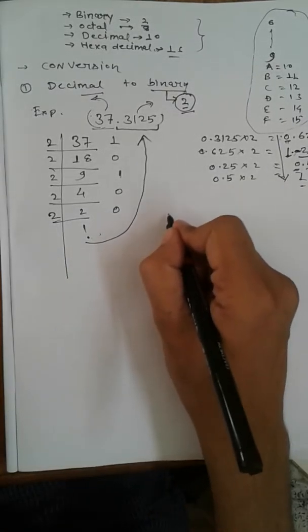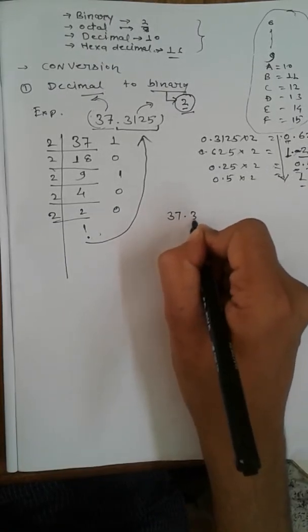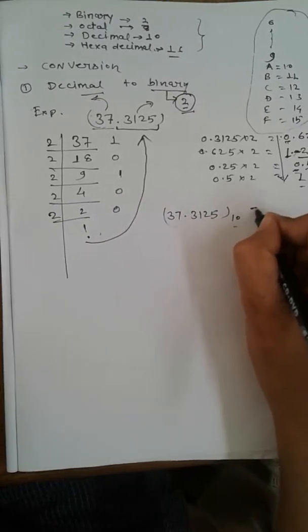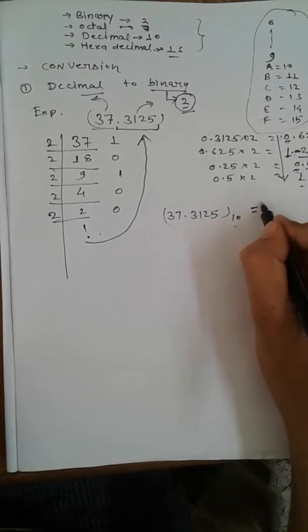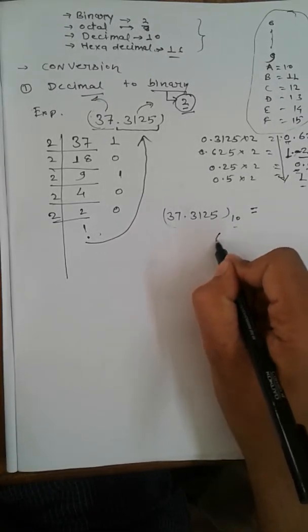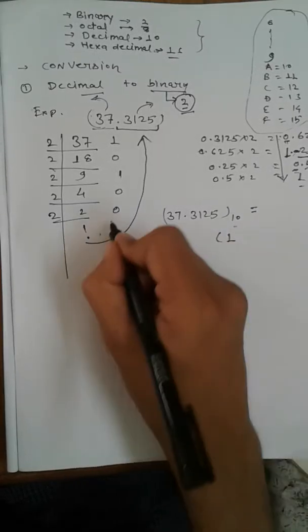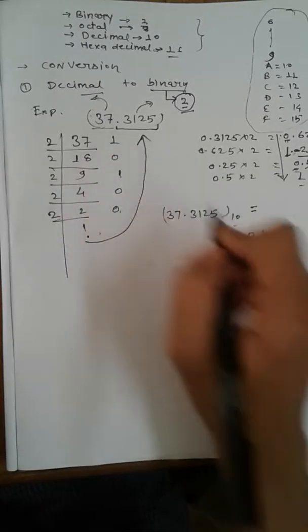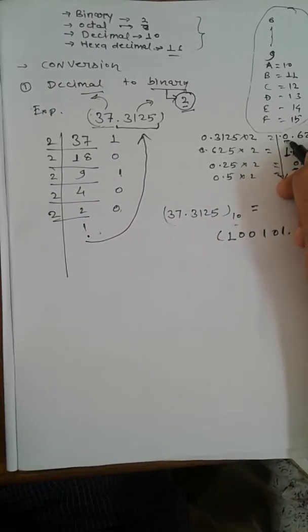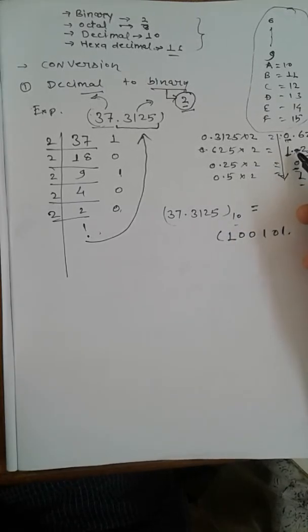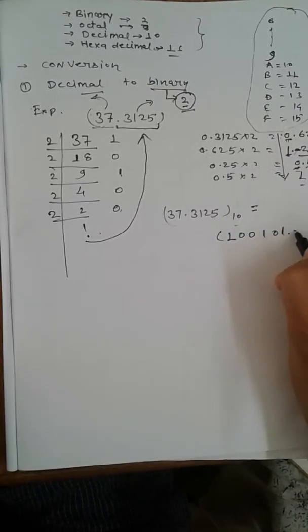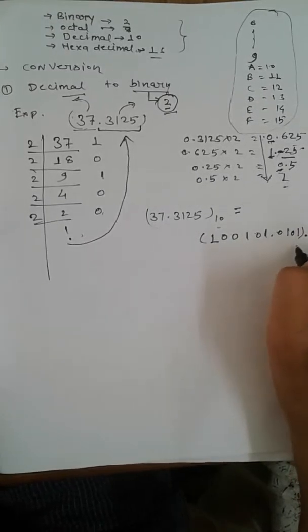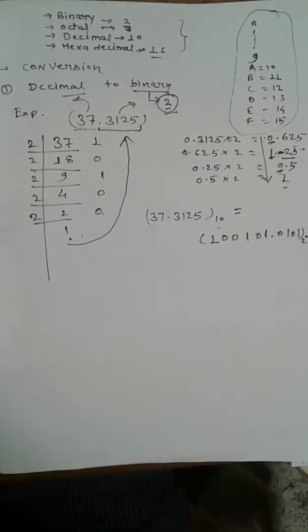And then the equivalent representation of this decimal number in binary is 100101, point, 0101.